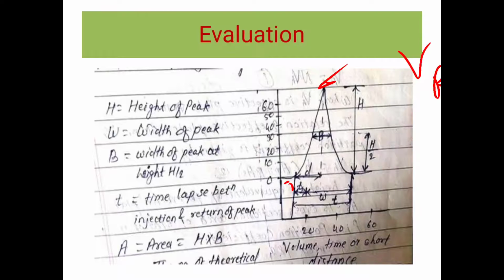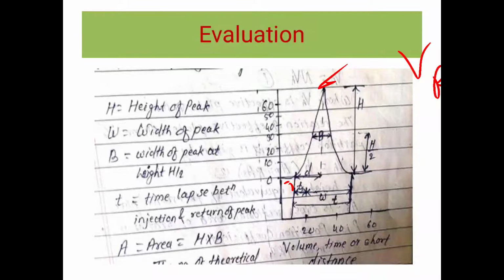Here in the diagram, volume, time or distance is shown. H, capital H, is the height of the peak. W is the width of the peak, and B is the width of the peak at height h by 2.